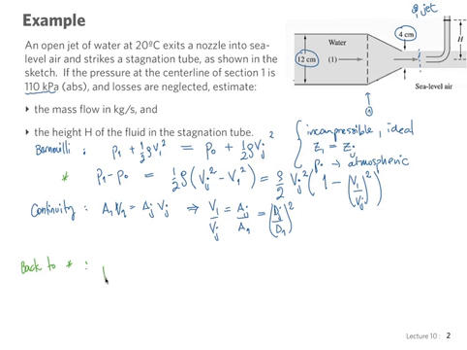And when I put it in here, I have P1 minus P0 atmospheric, I already could put some numbers in there, is equal to rho half V jet squared, 1 minus d jet over d1 to the 4th power, right? Because the velocities are already squared.